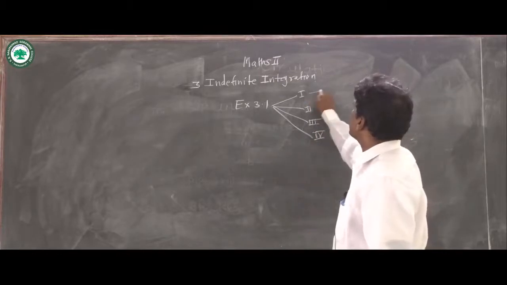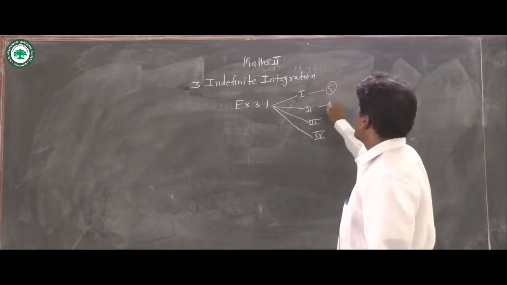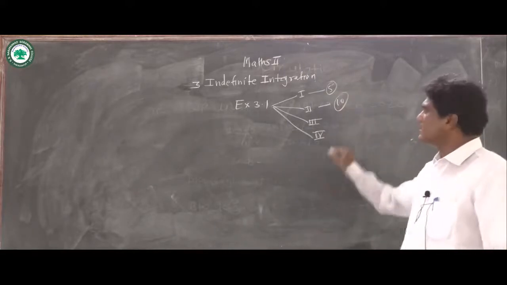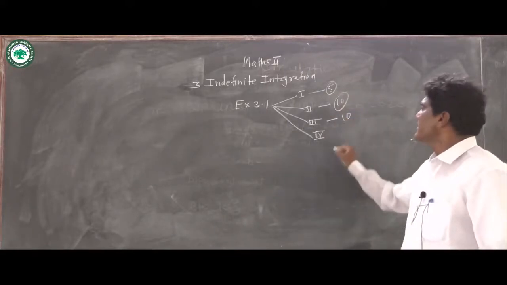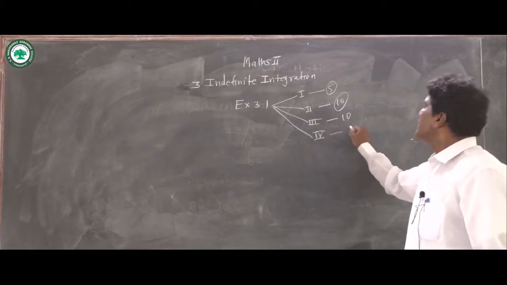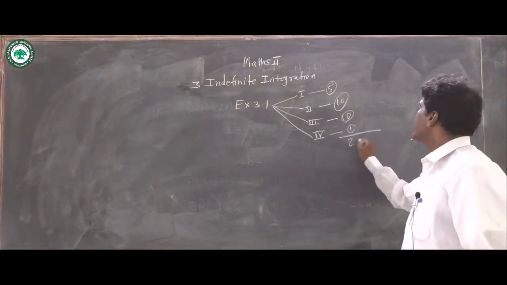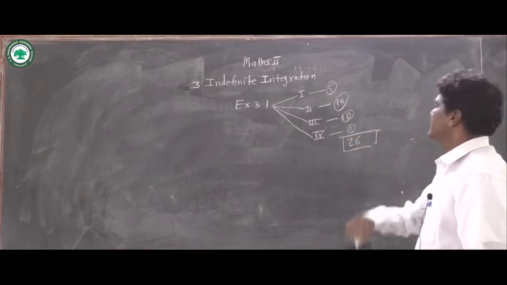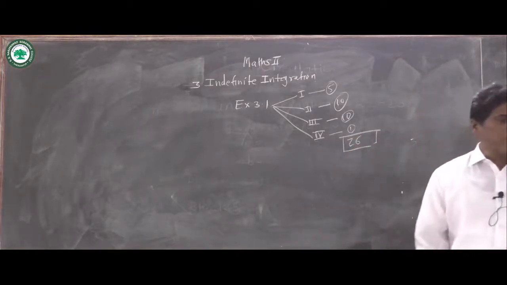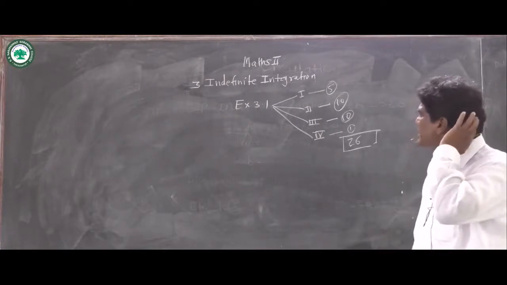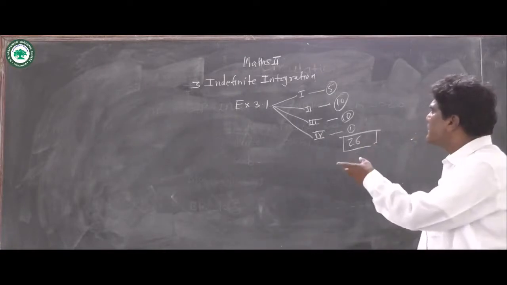In question first there are 5 problems, in question second there are 10 problems, in question third there are 10 problems, and in question 4 only 1 problem. So there are 26 problems in total in exercise 3.1. Now we start exercise 3.1, question number first.